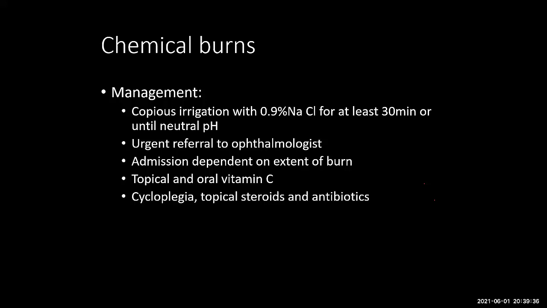And then they are naturally in severe pain because of the contraction of the ciliary body due to the inflammation. So we make the ciliary body relaxed or the pupil dilated using cycloplegic agents, and then topical steroids to reduce inflammation, as I told you, and antibiotics to prevent any possible infection.